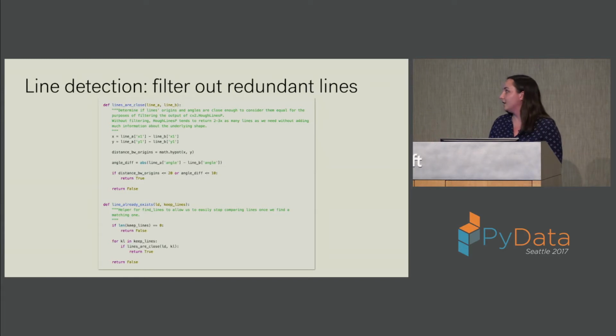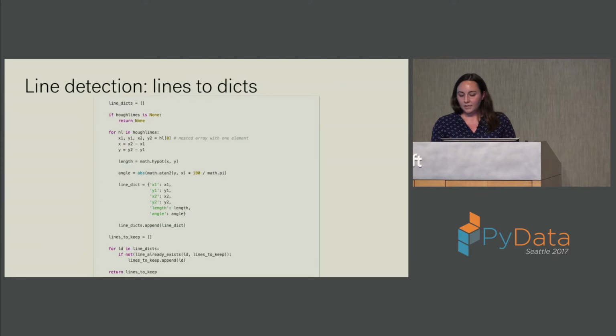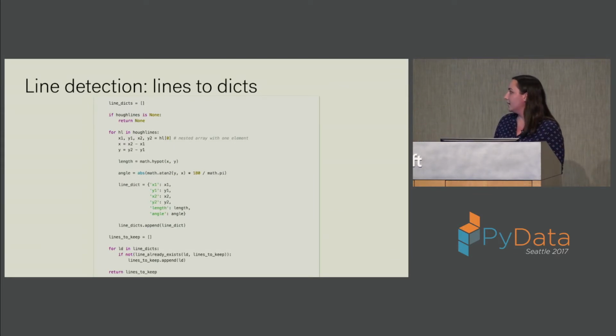And for that, I just looked at, is the origin within a certain distance, and is the angle within a certain number of degrees? And if so, then I only keep one of those. So then I put everything through that filter, and I save my lines in dict form so that I can easily access the attributes like the coordinates of the origin, the coordinates of the endpoint, and the length and the angle.